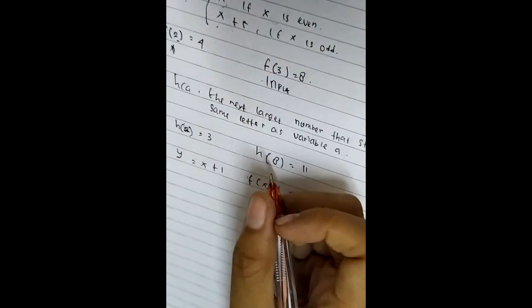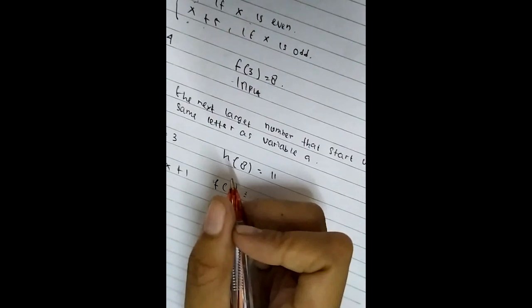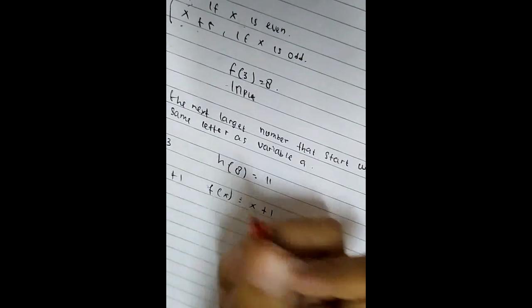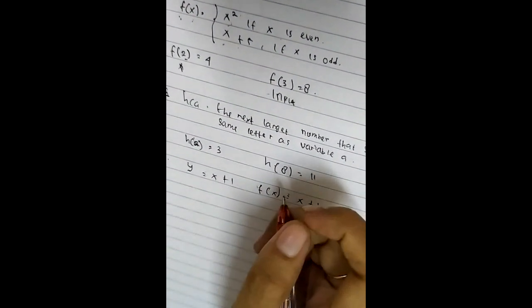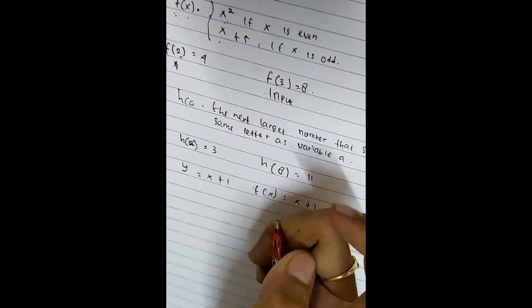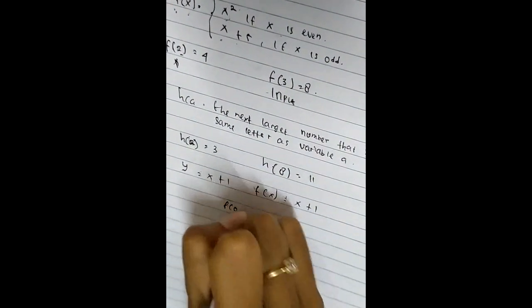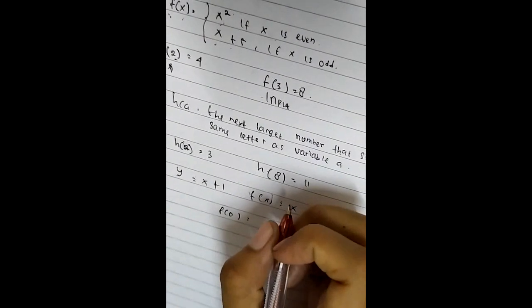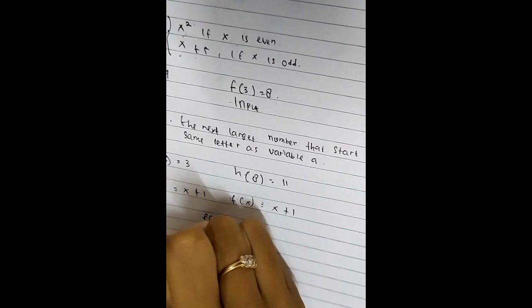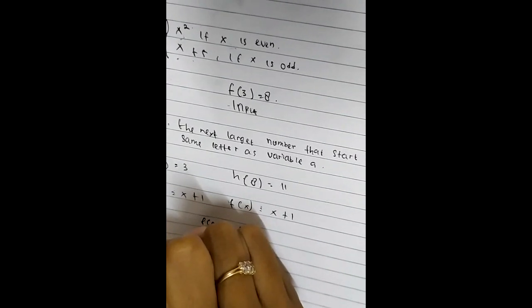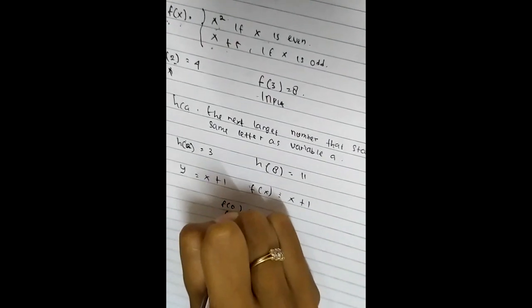This is why, for example, when x is 0, we could say f of 0, f of 1, and f of 2.